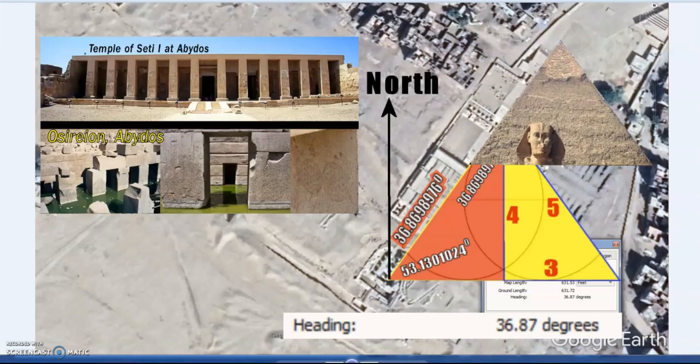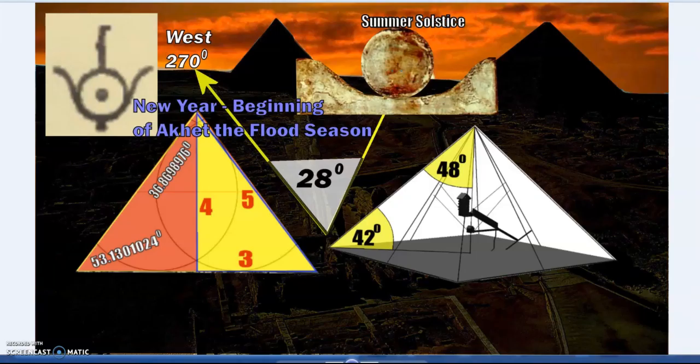Now in the Osirion and Temple of Seti I, another major site with so much information, more to come on that, that alignment was again repeated in the Seti I temple as well. These are very core units that are repeated.